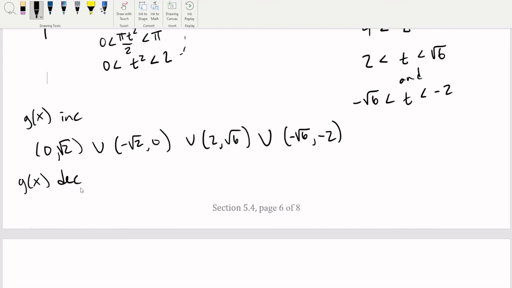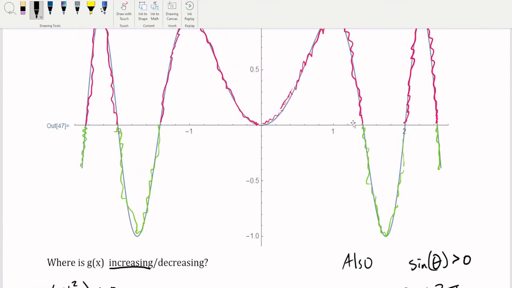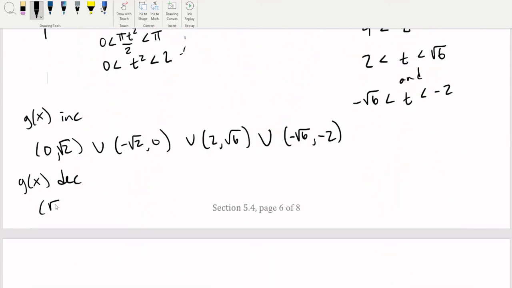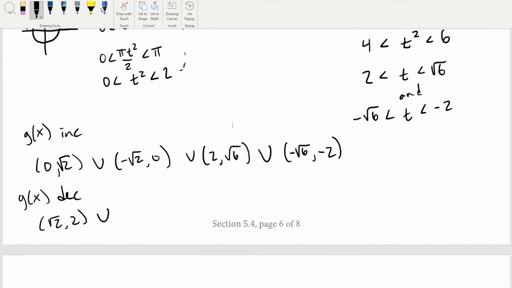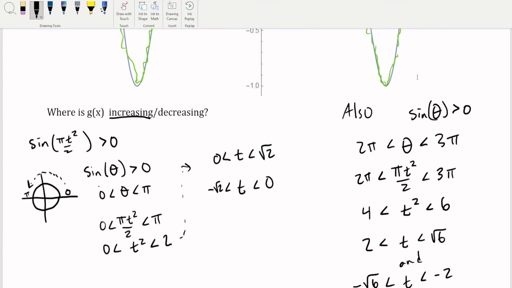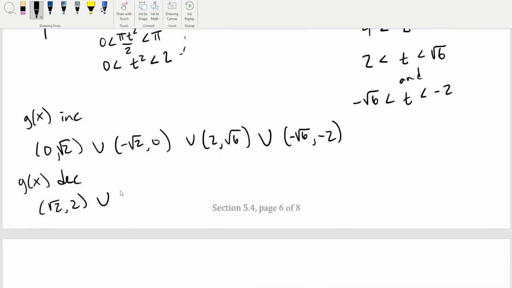This is kind of nice to do: you can just go everywhere else to see decreasing. This one would be √2 to 2, union, and then here was √6, and then we just stopped at 2.5. Of course, this function keeps going forever, so we could keep figuring out what this looks like, but we'll just stop there.